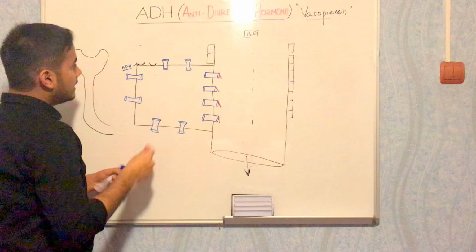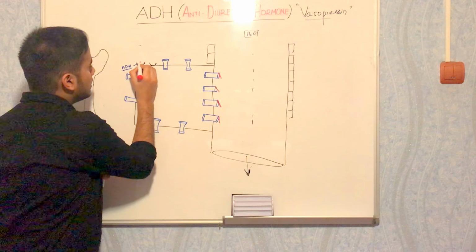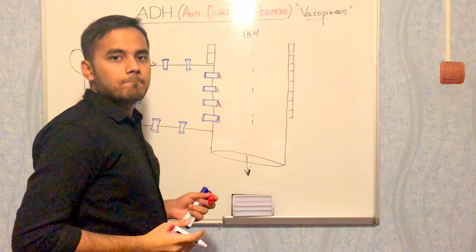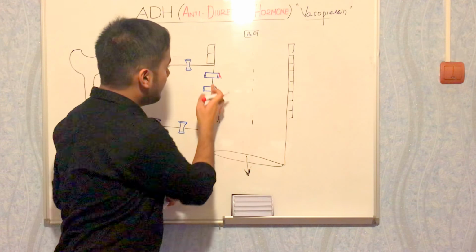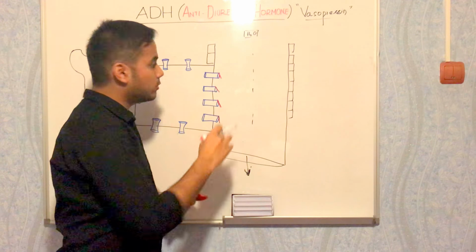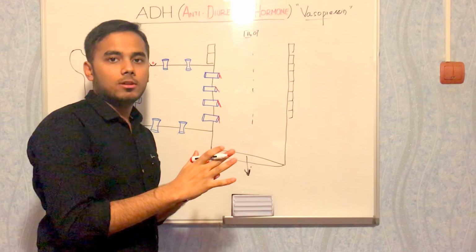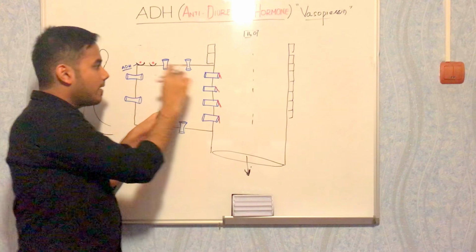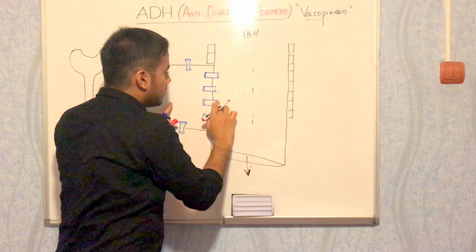The moment ADH attaches to these receptors, the principal cells get active. When the principal cells get active, they open up these channels. As I told you, aquaporin 1s are generally closed. So the moment these cells are activated under the action of ADH, the gates are opened.